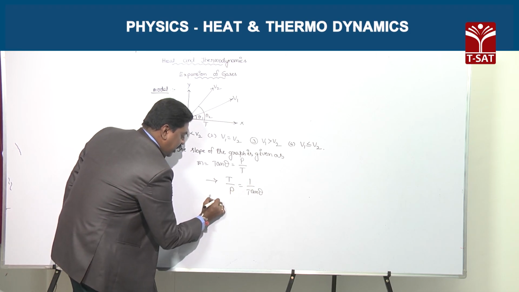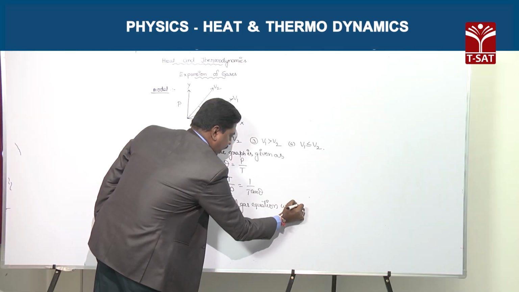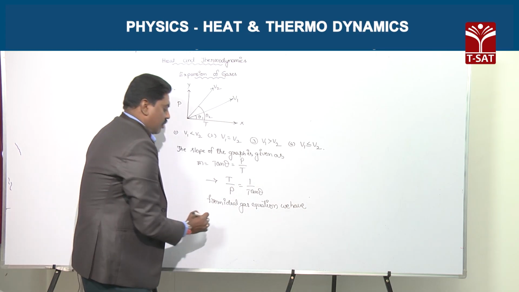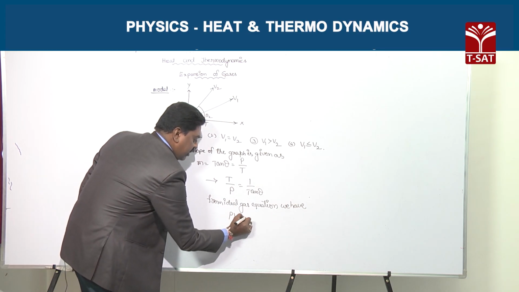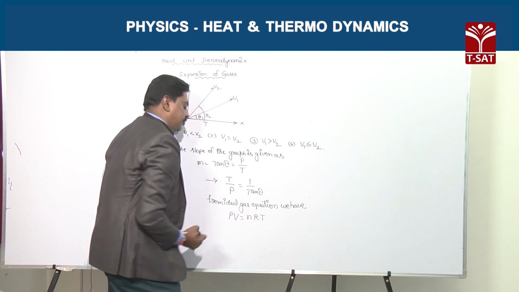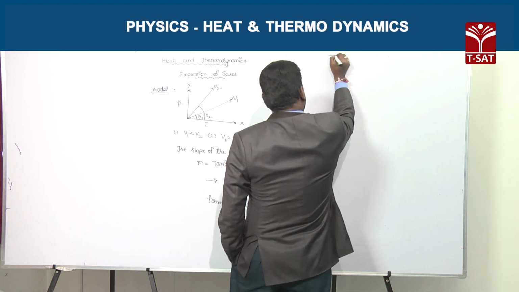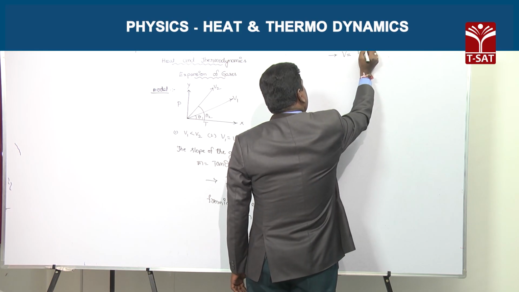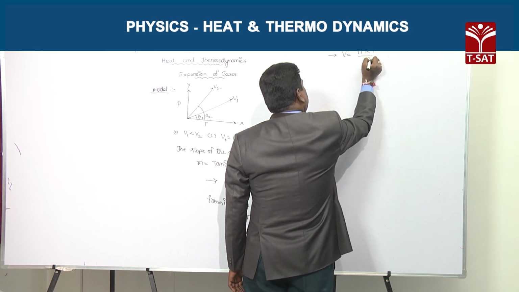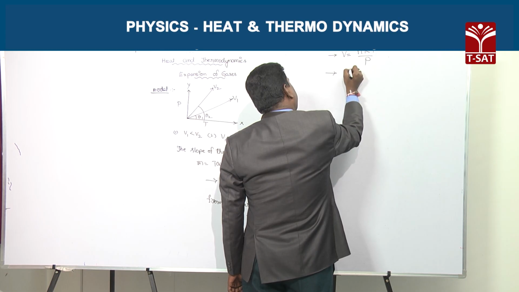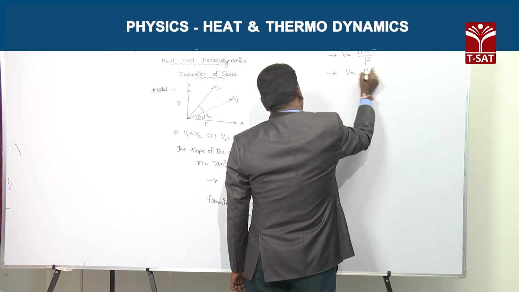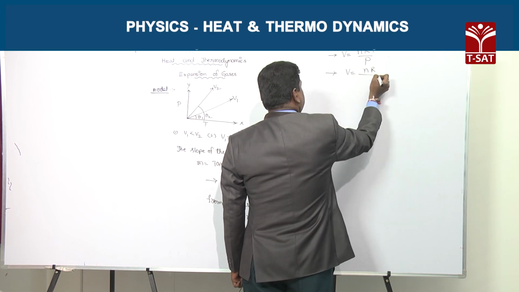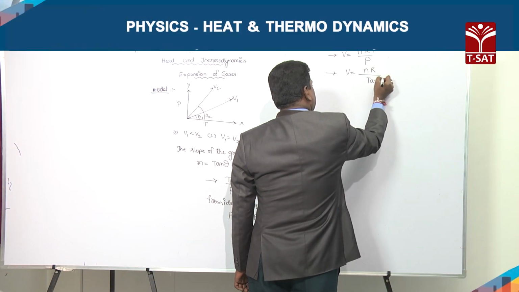From the ideal gas equation, we have PV equals nRT, which implies V equals nRT by P, which implies V equals nR by tan theta.